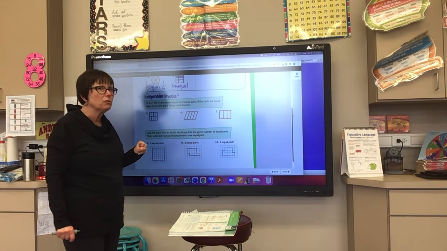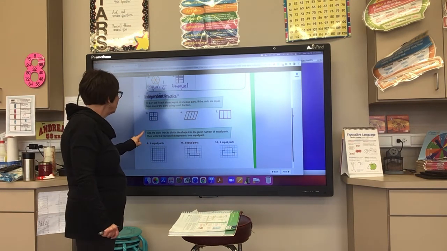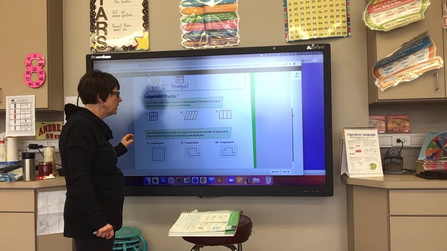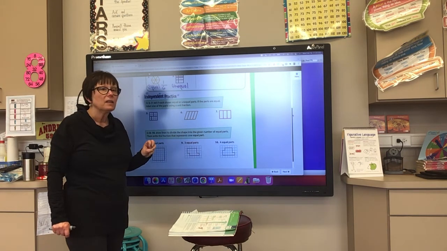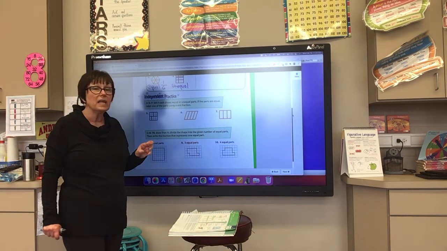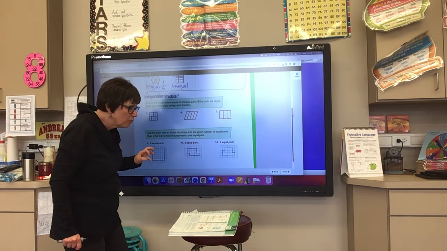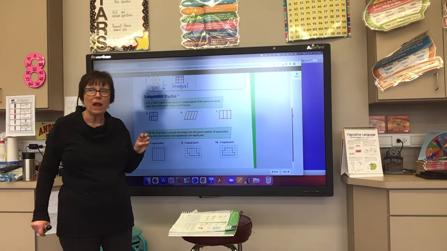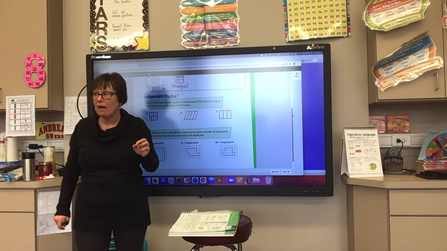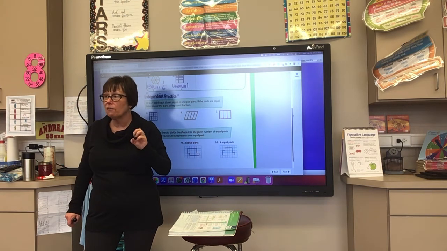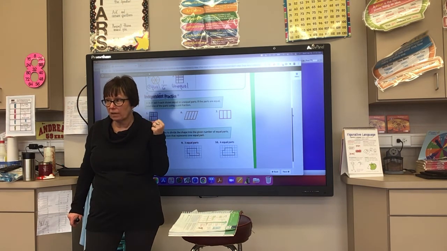Then for 8 through 10, boys and girls, you are going to draw lines to divide the shape into the given number of equal parts. Then you're going to write the fraction that represents 1 equal part, like we did in number 4. They have to have the same number in each part of your fraction. What questions do you have about that?